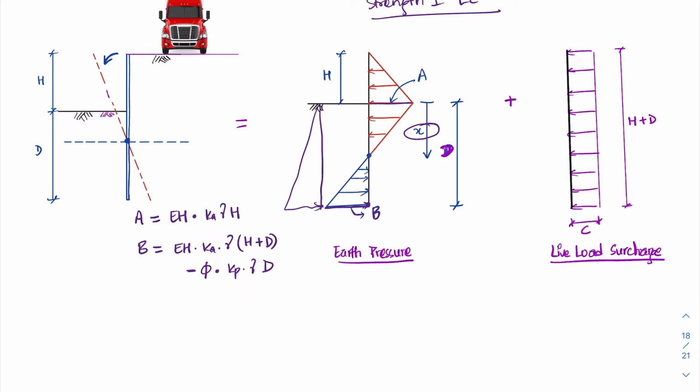Now let's talk about how we can find dimension X. At depth X, the active pressure and passive pressure are the same.